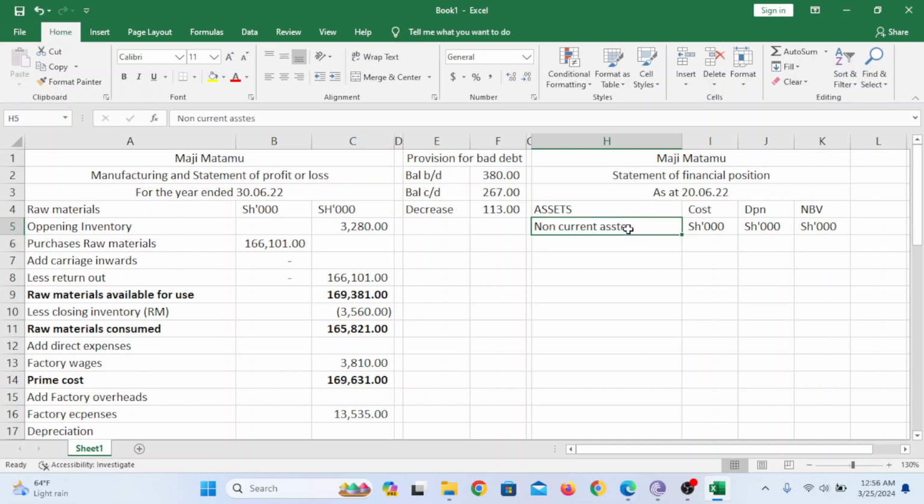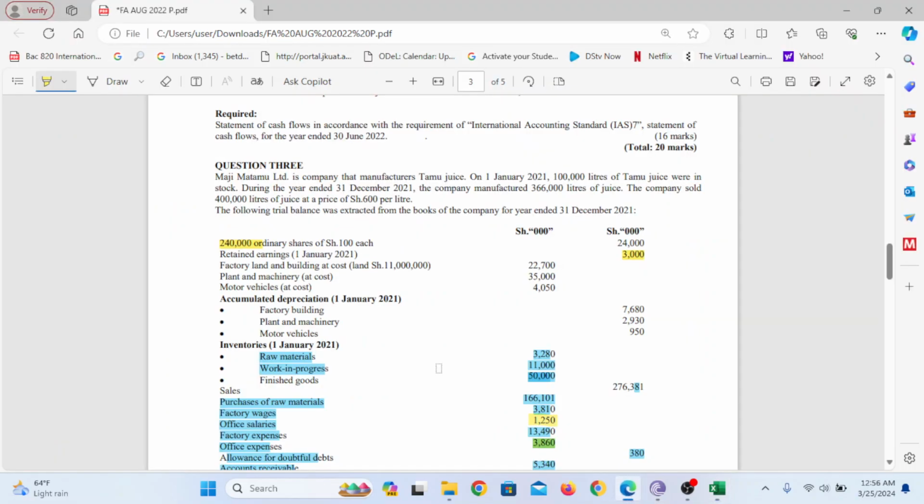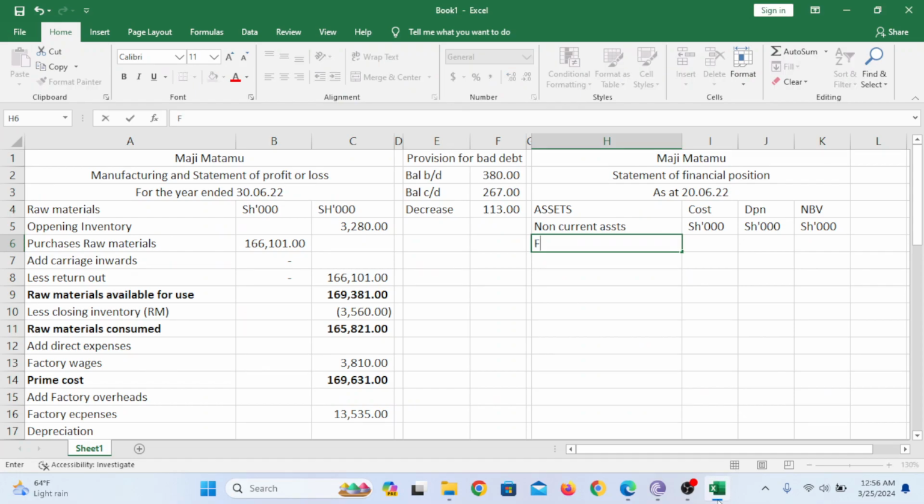Non-current assets, remove the E there. Then for the non-current assets, the first item is factory, land and building. The cost is 22,700.